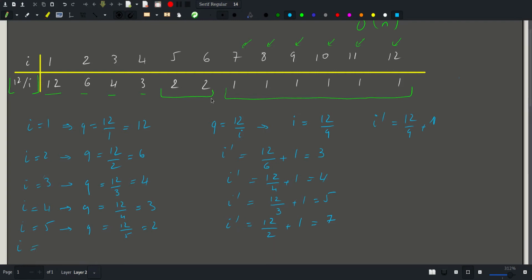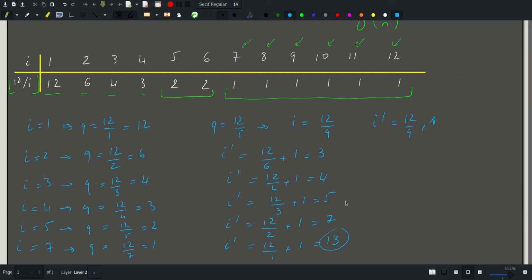So we immediately jump to the end of this block, or to the beginning of the next block, which is going to be 7. And 7 is going to give us a quotient of 12 divided by 7, which is equal to 1. And our next value I prime will be equal to 12 divided by 1 plus 1, which is equal to 13.